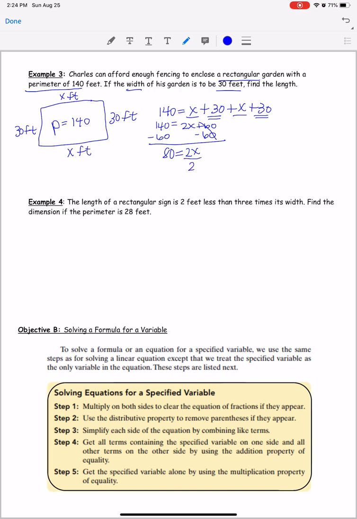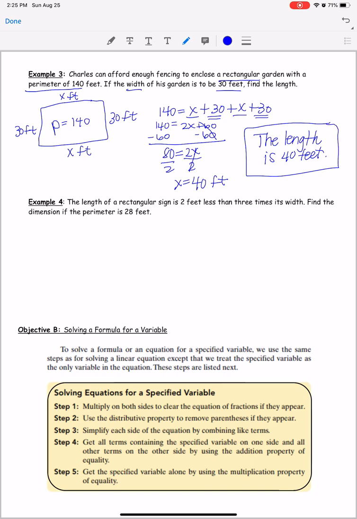Divide by 2. And we get X to be 40. And my unit here is feet. Now, typically word problems require word answers. So what is 40 feet? The length. So the length is 40 feet.